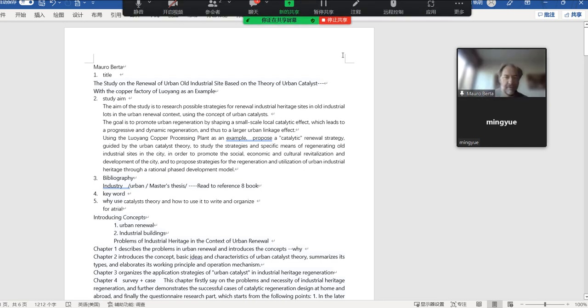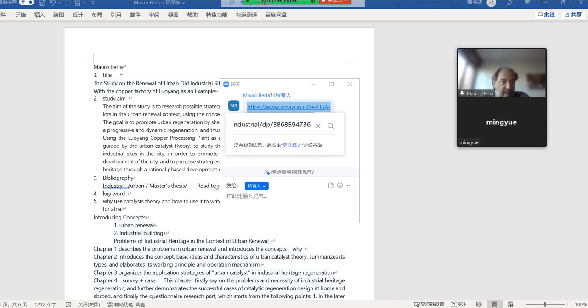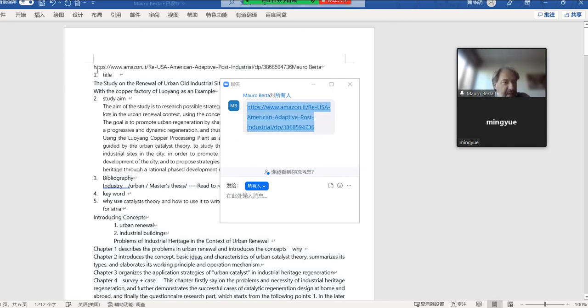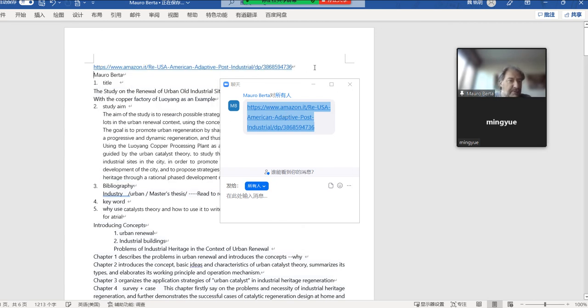This is a paste of Amazon, but you can try to retrieve the book wherever you want, also in the library. This book is titled Re-USA, and it is a study of a series of adaptive reuse projects of former industrial buildings in the USA. And it is very interesting, in my opinion, from many points of view.